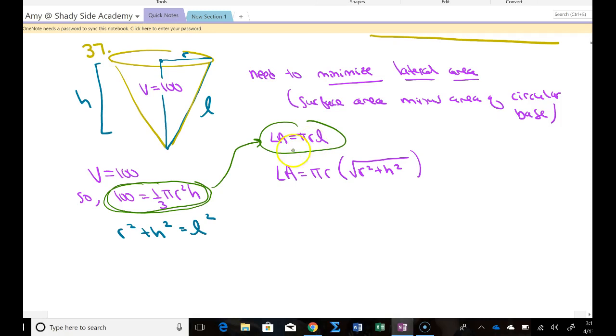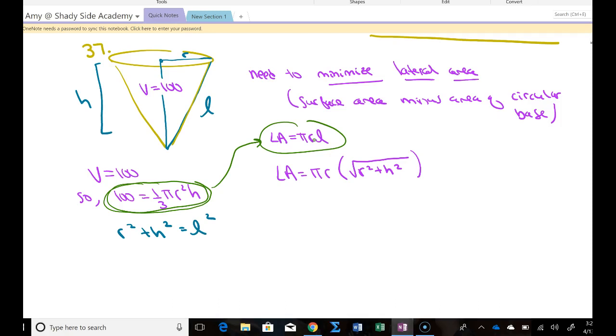Do you understand? Regardless of which variable I solve for in my constraint to sub back in, I'm still left with two independent variables, which is doable, but the question is, can I make my life easier?